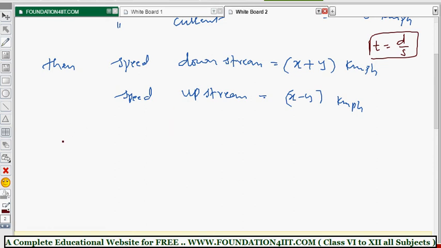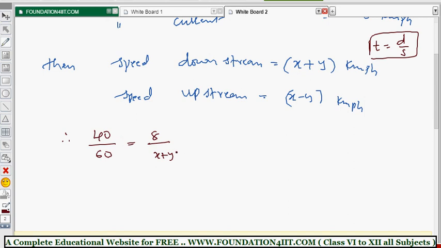Time is given here, 40 minutes for downstream. 40 minutes in hours is 40 by 60, since we convert into hours by dividing by 60. So time is equal to distance by speed. The distance is the same, 8 kilometers, and the downstream speed is x plus y. If you solve this, equation 1 will come.